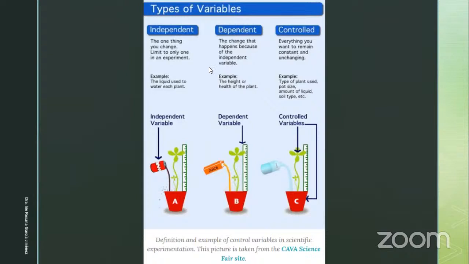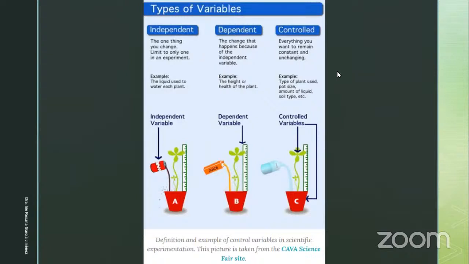The dependent variable is the change that happens because of the independent variable. I mean, the height or health of the plant according to the liquid you are using for this plant. And the controlled variable is everything you want to remain constant and unchanging, something that is under your control and is not going to change, at least until you decide it.